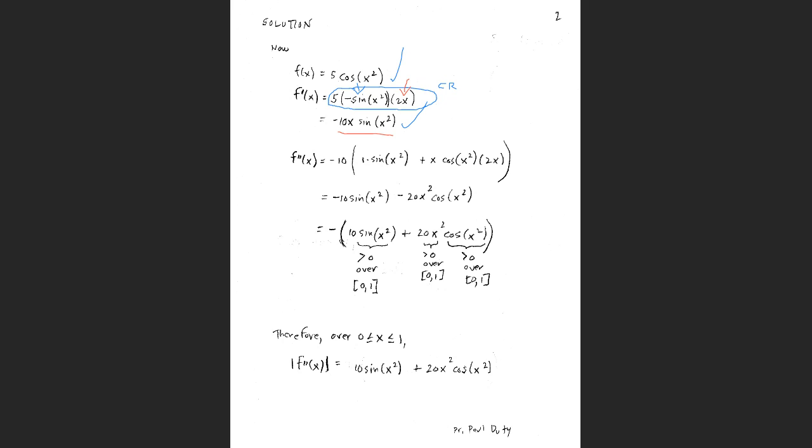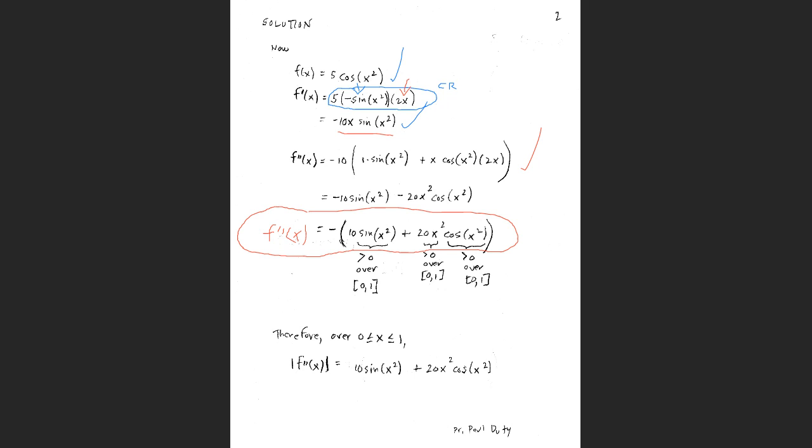And now we have to compute the second derivative. So, of course, product rule and chain rule used at the same time. And I end up writing my second derivative this way. I factor that negative out.